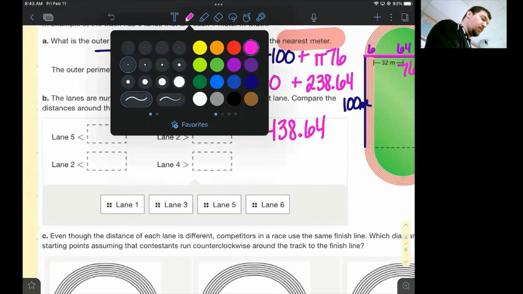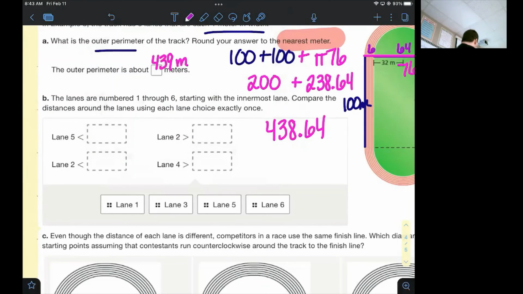So lane 5, why don't we start with that? Lane 5 is less than which lane? Lane 6. Lane 6 is the longest one. That's the only answer that goes there. Lane 6 is the only one that's longer than lane 5. Next one. Lane 2 is longer than which lane? Lane 1. It's the only lane that it's longer than because lane 1 is the shortest lane.